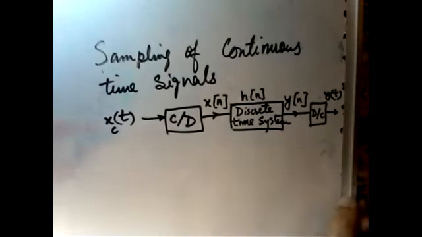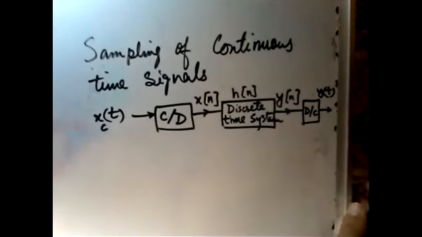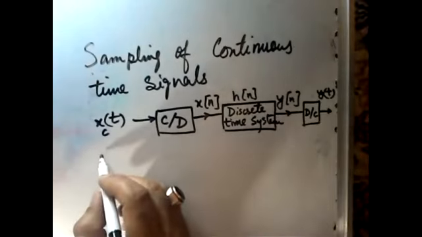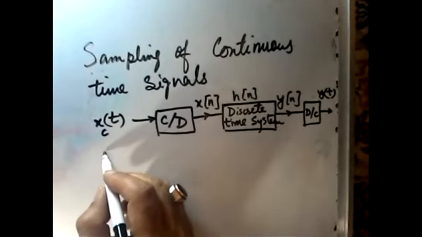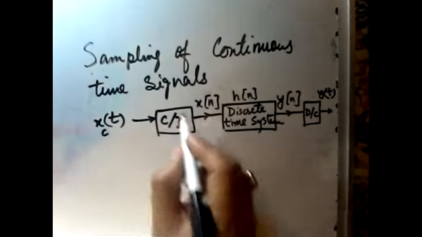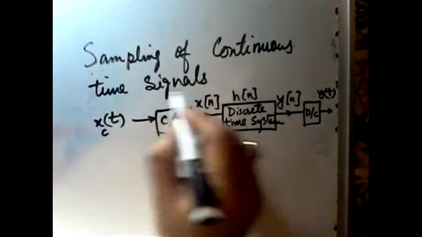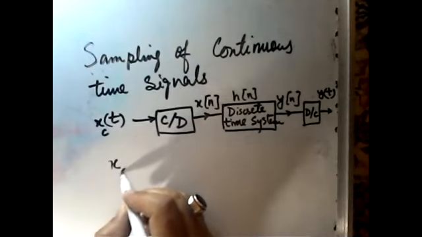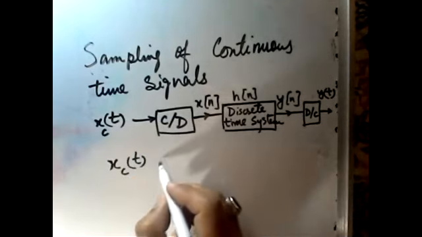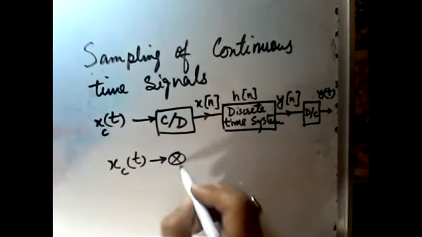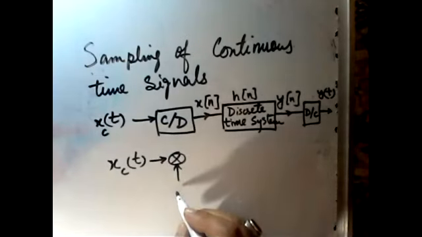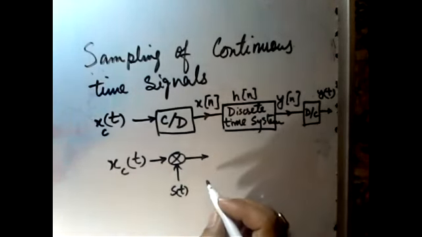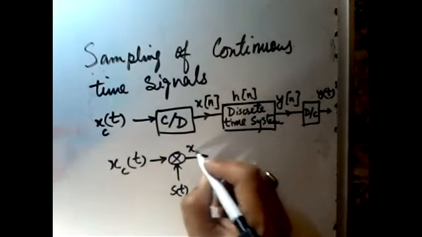Okay, you can get y of t. Now, if you look at xc of t, this is the process of sampling which we want to look at. And what happens is that xc of t is multiplied with s of t, and then what you get is xs of t.